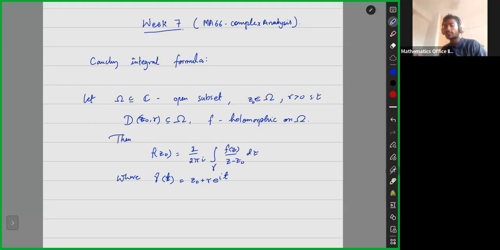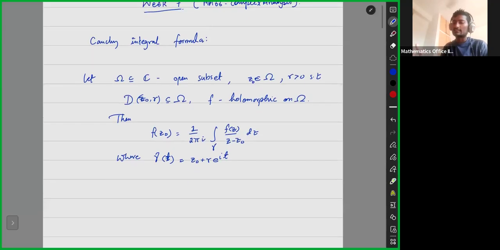In place of gamma, we can take any other curve gamma prime which is homotopic to gamma, so that doesn't change the integral. So F of z can be calculated in terms of an integral. So this is the Cauchy integral formula.